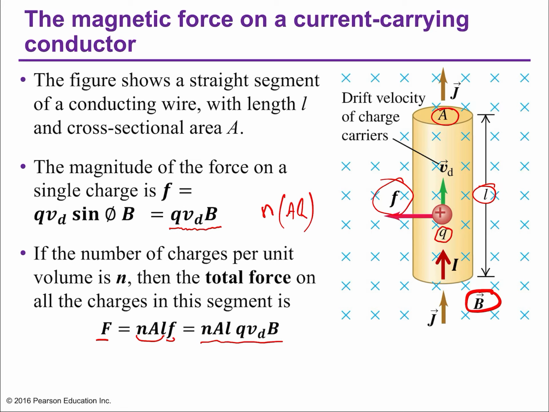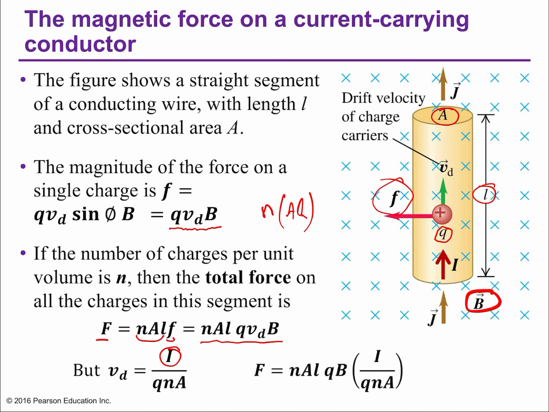Remember from chapter 25, we had an expression for drift speed in terms of the current I. So it's the current divided by N, Q and A. Let's substitute for VD in the above equation, and we get this equation.